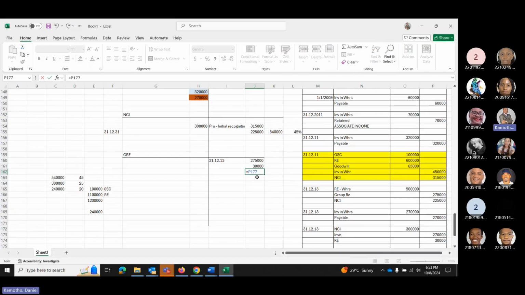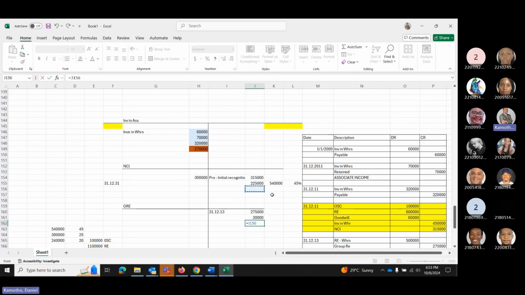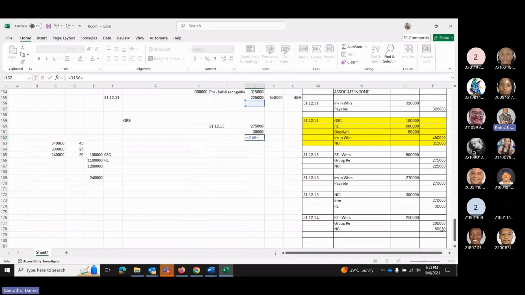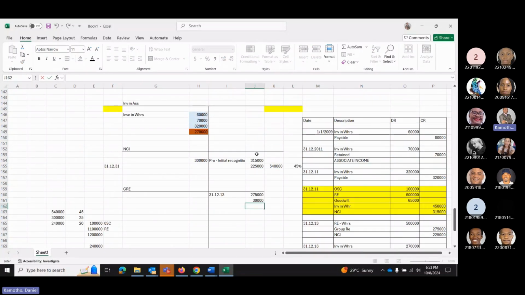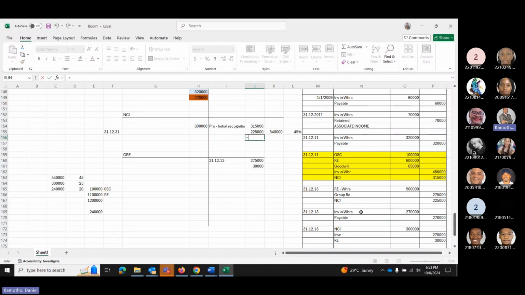And then we can come to NCI and put what they are entitled to, which is the 50,000. What is it saying? This is equal to 50, this one. Or not there, I put the wrong one. I think I put the group retained earnings where it should have been. This is NCI. NCI is the one which is 50.